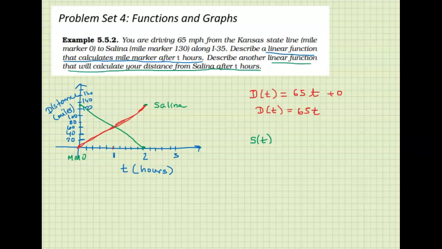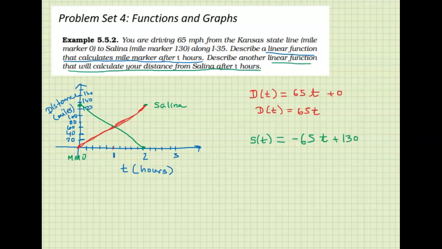Here you're going 65 miles an hour, but because the distance is decreasing, you're subtracting 65 miles each hour. So you're going to have negative 65t, and the starting point, the intercept, is going to be plus 130.